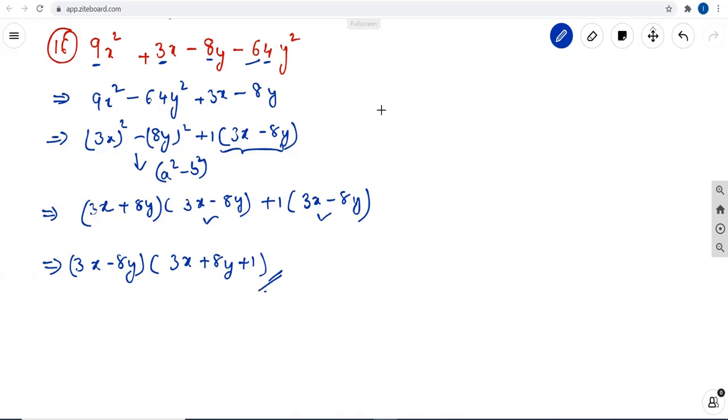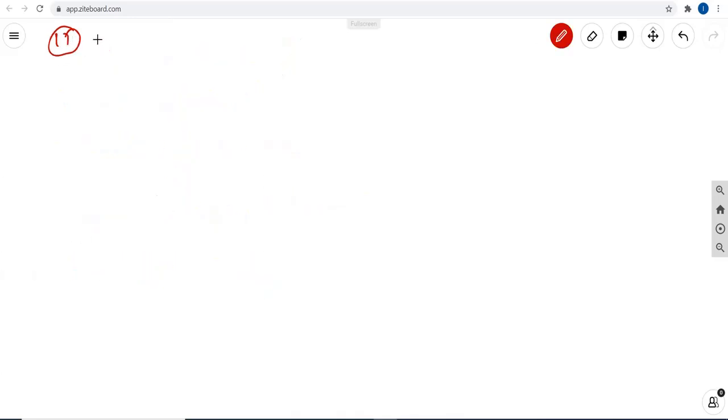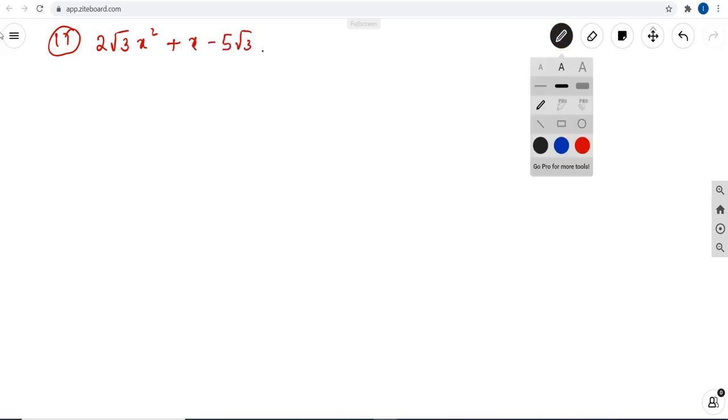So we'll go for the next problem, 17. This becomes 2 root 3 x square plus x minus 5. If you see this problem, this is in the form of a quadratic equation. So what we will do, we will multiply this and this first using middle term splitting.